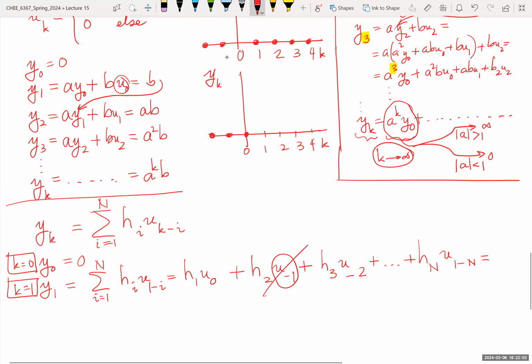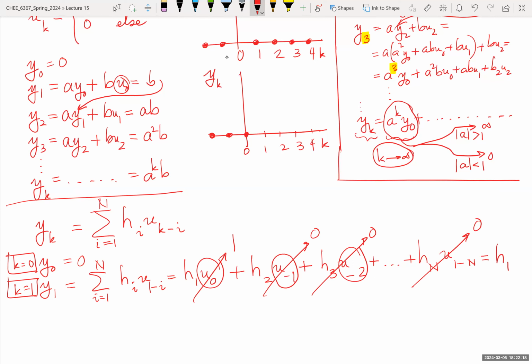Yeah, 0. u minus 2, 0. So all of these disappear. And what is u0? 1. So what is the final result? H1.